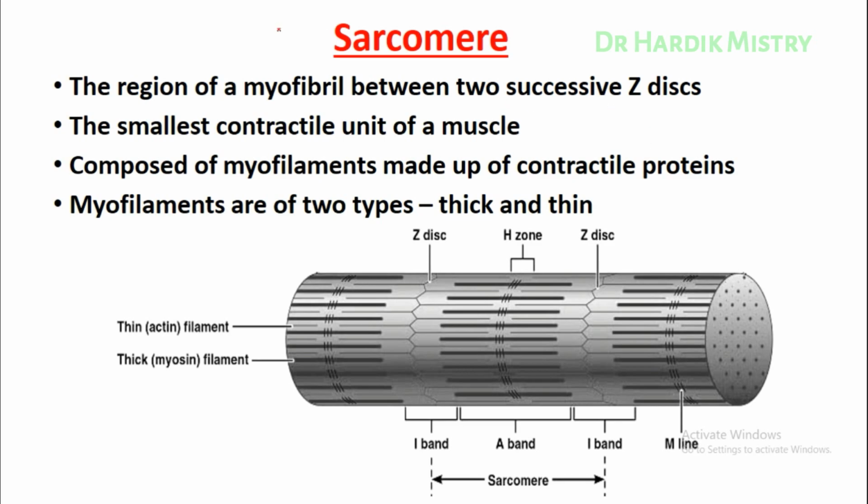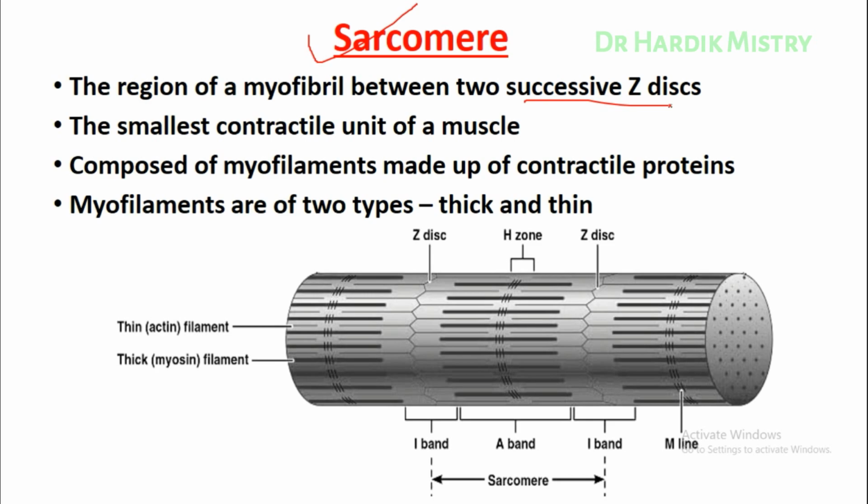Sarcomere: most important viva question, most important for the MCQ question, most important for anything in physiology. Sarcomere is the region of a myofibril between two successive Z discs or Z lines. Where is the myofibril present?